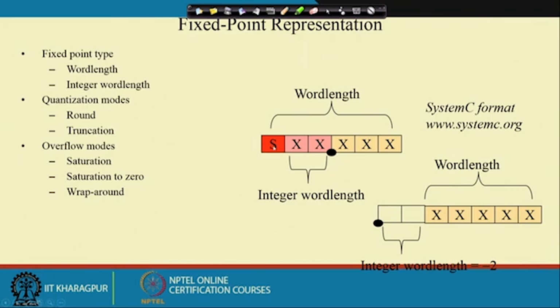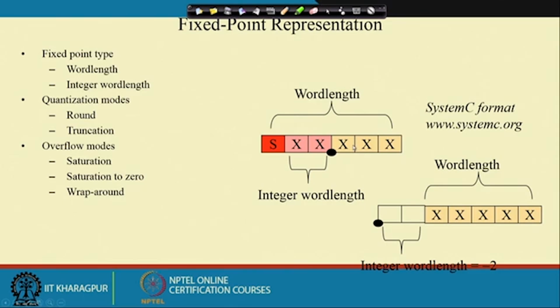Okay. So the MSB represents the sign, the next portion represents the magnitude of the integer portion, and this particular point represents the fractional portion magnitude.